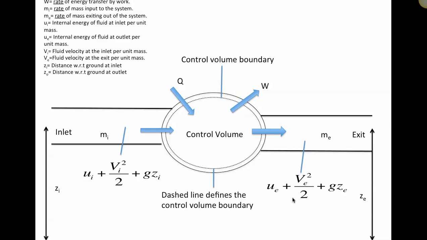Similarly, you have Ue, Ve square by 2 and g ze, where Ue represents the internal energy, Ve square by 2 represents the kinetic energy, and g ze represents the potential energy.